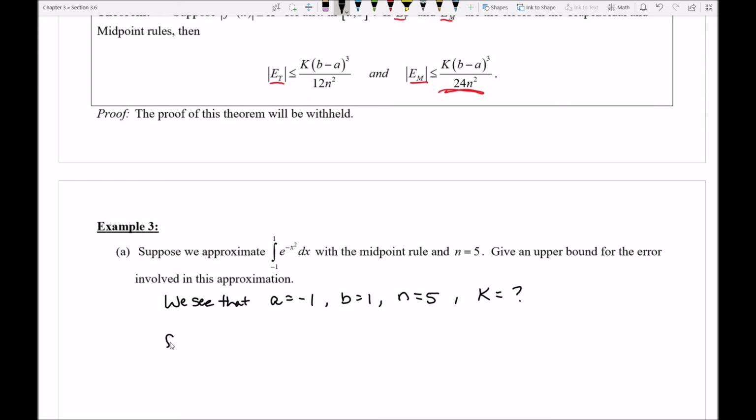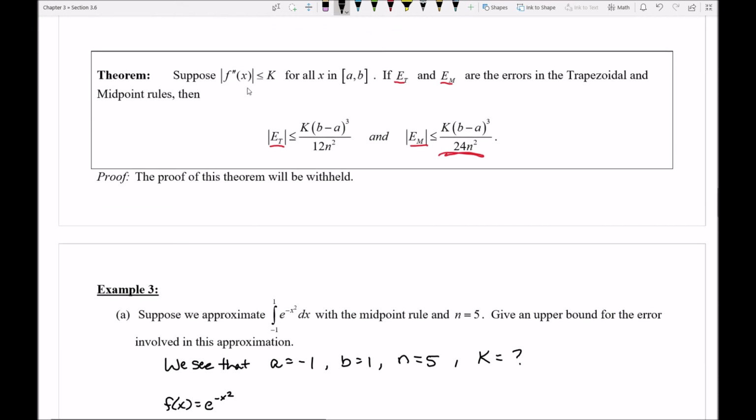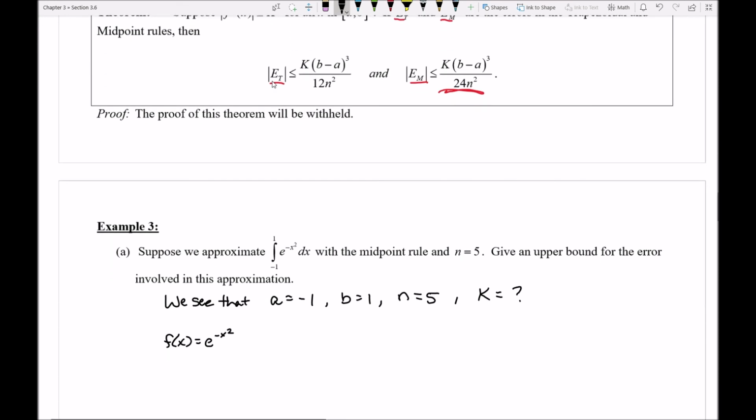I'll start by saying that f of x is e to the -x squared. And I would have to start to calculate down to its second derivative if I want to try to find K. So its first derivative isn't too bad. Notice that for the first derivative, the derivative of e to some stuff is always just e to some stuff, and then chain rule, take the derivative of the stuff, which up there would be -2x.